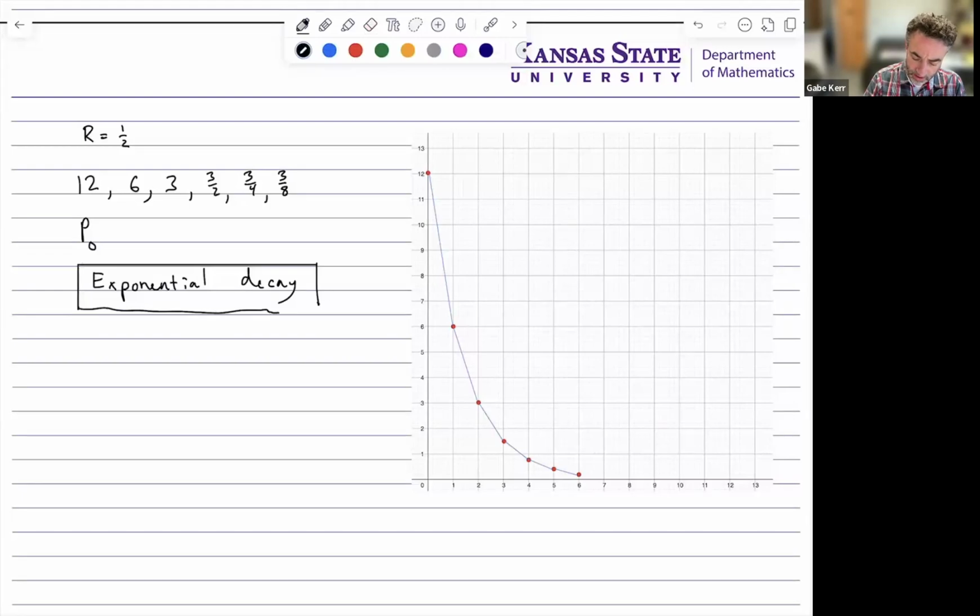So how long a particular substance takes to break down into other atoms or other molecules, things of that sort.